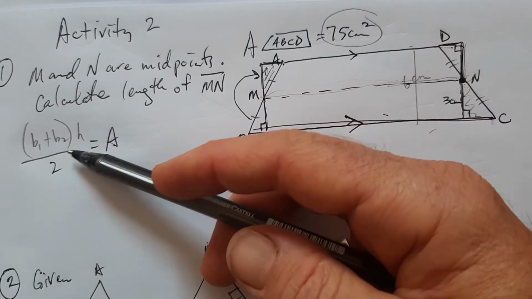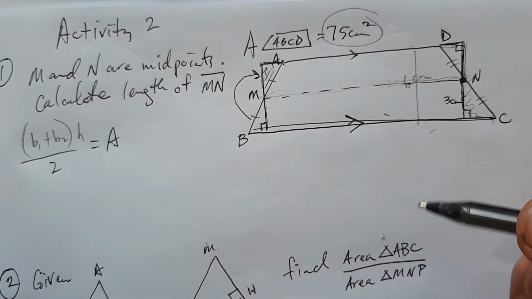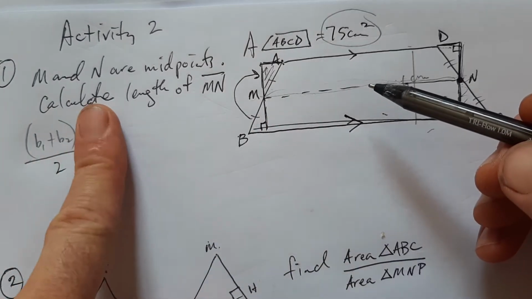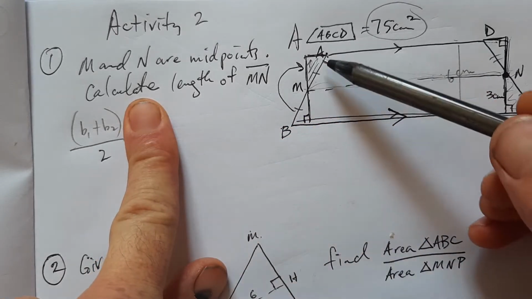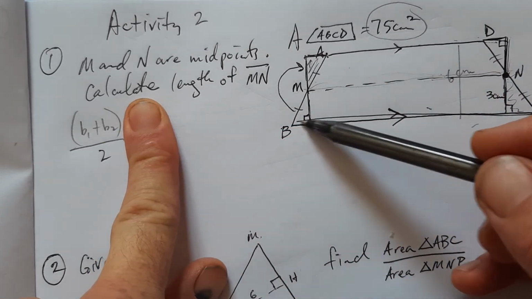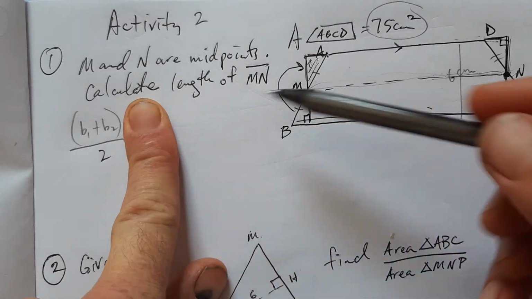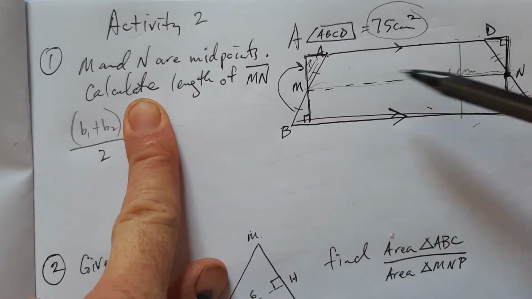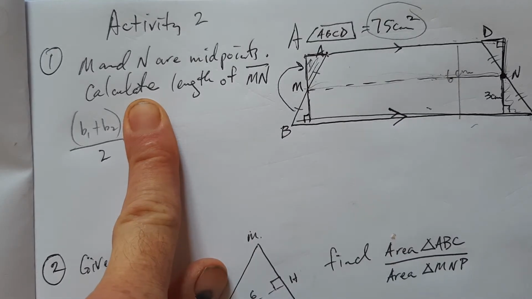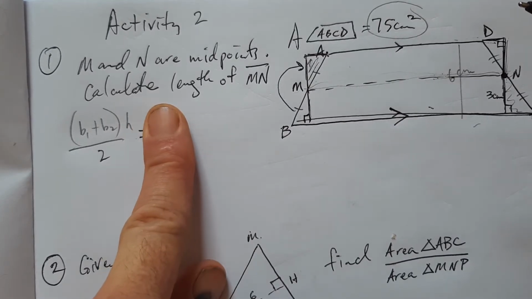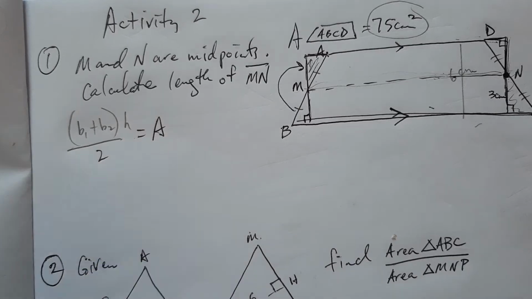I would get the same thing here. And you can see that I was saying the average of AD plus BC divided by 2 would be MN, right? So MN, which is base 1 plus base 2 divided by 2, times the height, gives me the area.